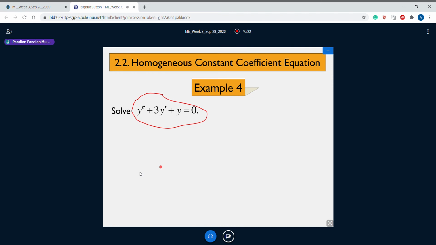So your general solution will be y equals c1 e to the power of minus 3 plus root 5 over 2 x plus c2 e to the power of minus 3 minus root 5 over 2 multiplied by x. That is your final solution.